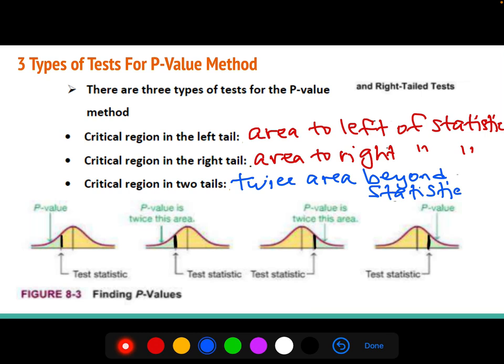Okay, we've got some nice pictures down here. If we've got our test statistic here, then our p-value is going to be that area over there, that critical region to the left. If we've got the right, that's this one. And if we've got both sides, we've got 2 areas to consider.